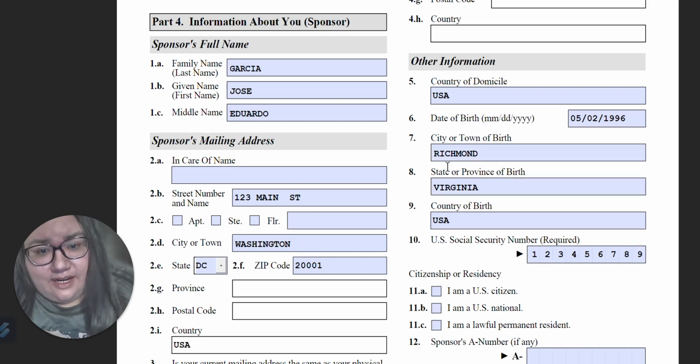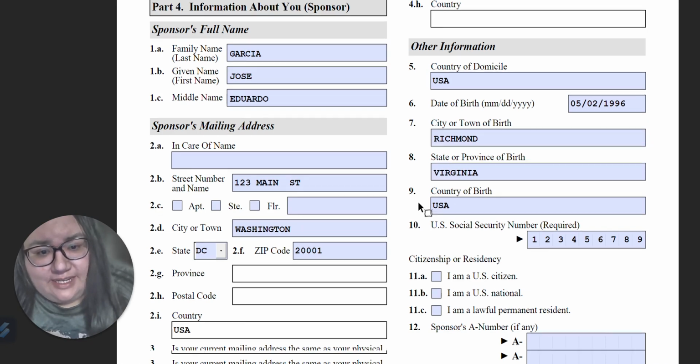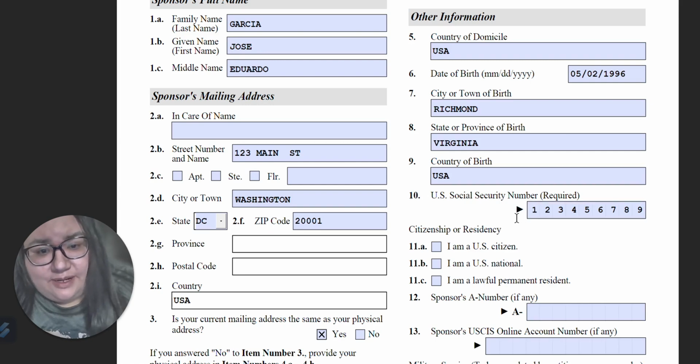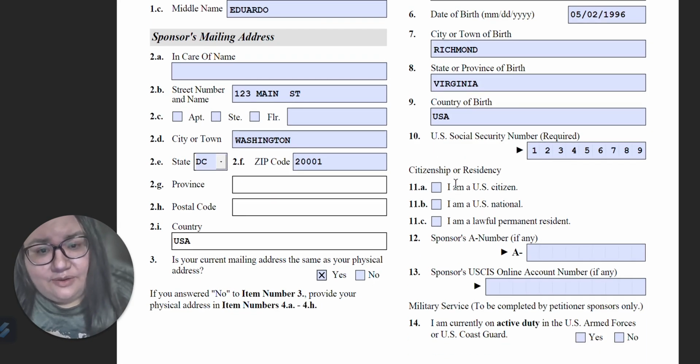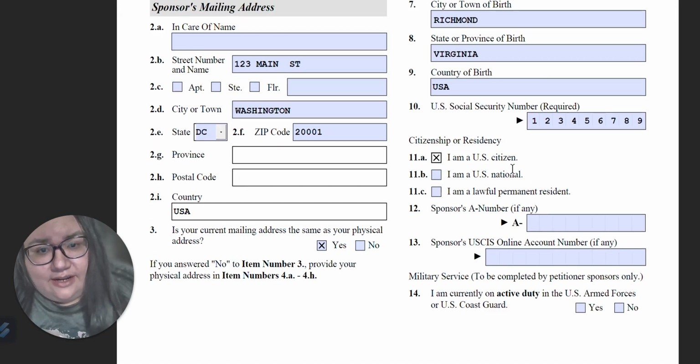You're going to fill out the sponsor's social security number, and then you're going to fill out what is the sponsor status. In our scenarios, this is an adjustment of status where Jose is a U.S. citizen sponsoring Fulanita, his wife. So we're going to click I am a U.S. citizen. Now, Jose was born in the USA in our scenario, so he doesn't have an A number.